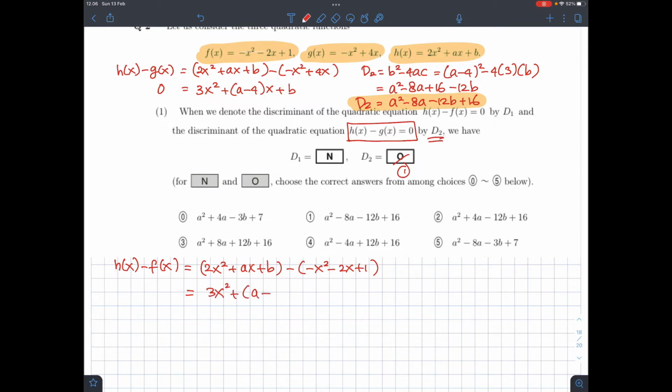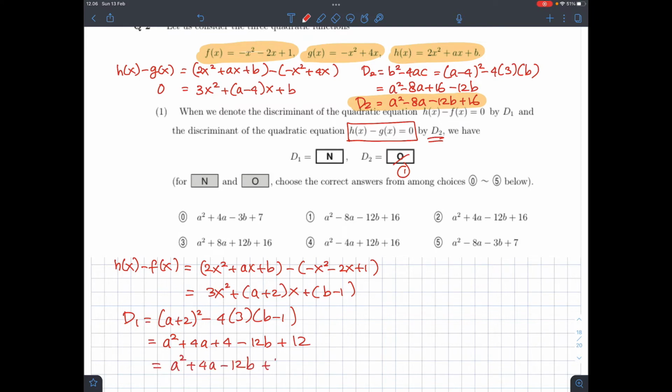Okay, plus a plus 2x plus b minus 1. Okay, and we need to find d1, b squared minus 4ac. And we expand this, a squared plus 4a plus 4 minus 12b plus 12. And we get a squared plus 4a minus 12b plus 16. Okay, this is d1.